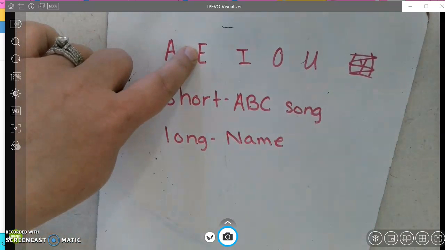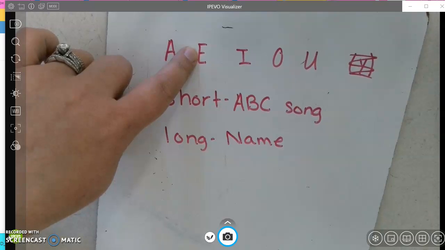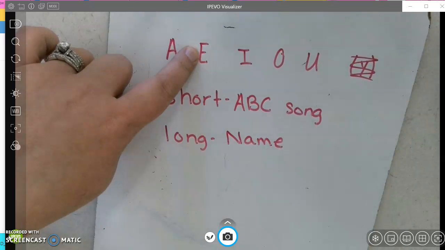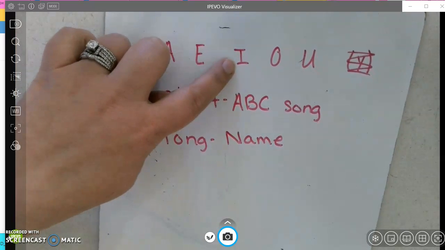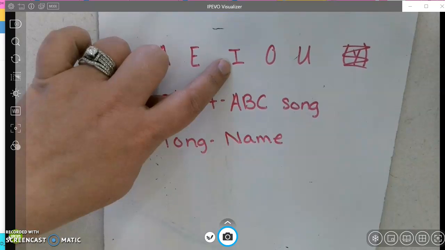Short E says E like elephant. Long E says E like each. Short I says I like iguana or igloo.